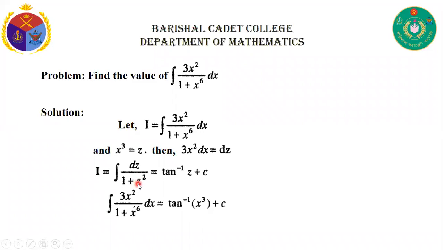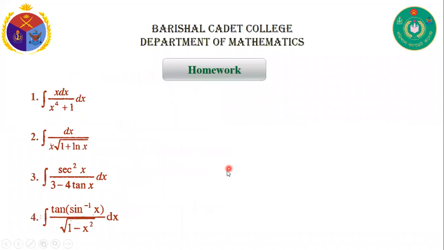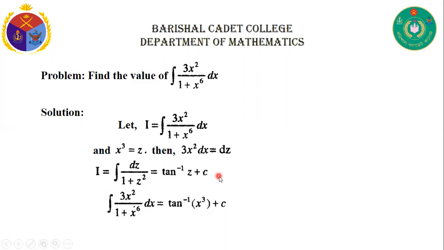Now you already know that the differentiation of tan inverse x is 1 by 1 plus x square, so the integration of 1 by 1 plus x square dx is tan inverse x. So that is tan inverse z, and putting the value of z as x cube, we get tan inverse x cube plus c. So boys, that's all for today's lesson, and I give you some problems.